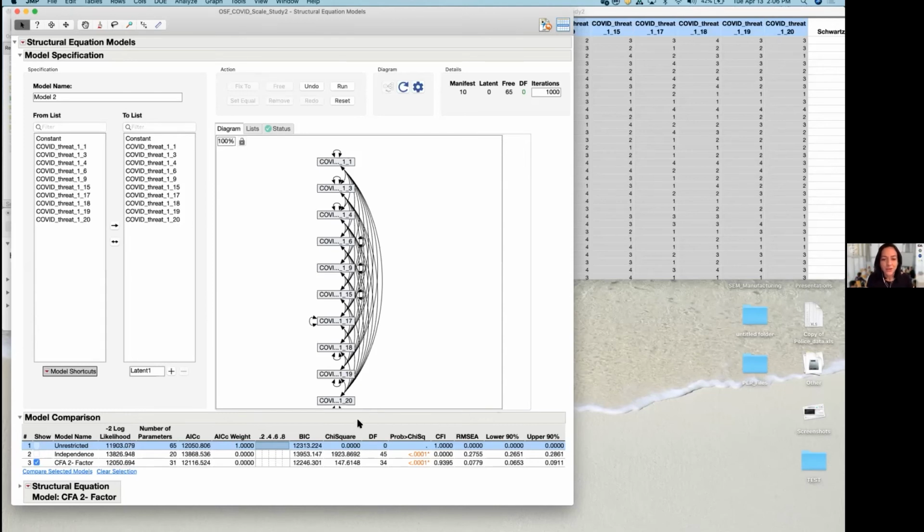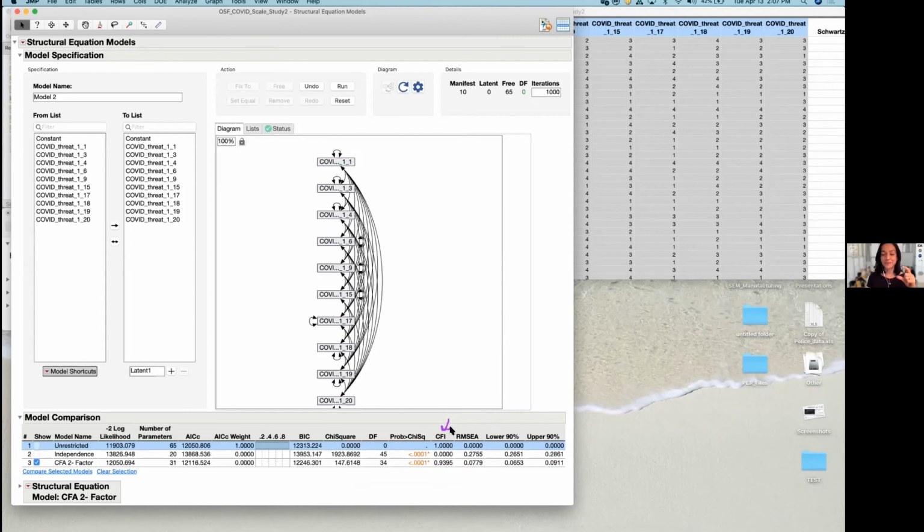And so you can see here, one of the statistics that is very common is the chi-square statistic, which represents the misfit in the model. And so not surprisingly, it's 0 for the unrestricted model, because again, it's quote unquote perfect fit. The model has 0 degrees of freedom. And we also have some other fit indices on the right. This first one is called the Comparative Fit Index.